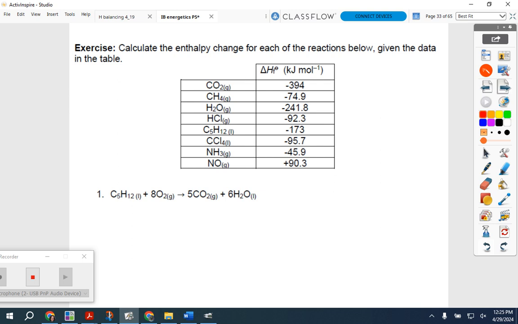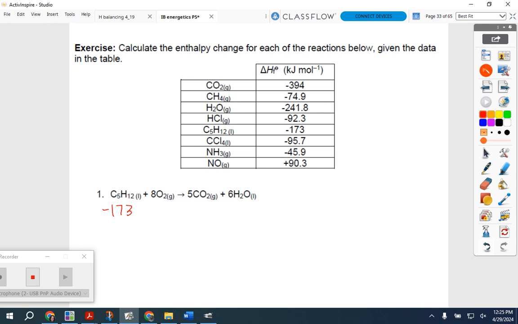There are a lot of different ways you can do this as far as the calculations go. I like to find what's in the table and kind of put it next to what I'm looking at. So the pentane is negative 173. This is all in kilojoules per mole. O2 is not in the table.